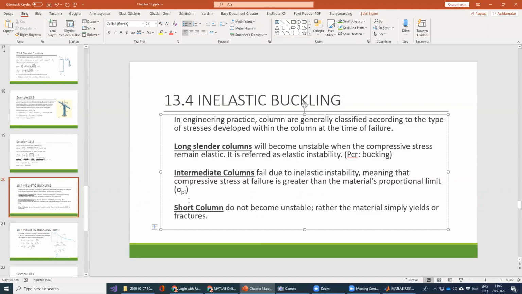But for short and intermediate columns, yield stress is much more effective than the buckling load. Therefore, we also consider the yield for intermediate and short columns. So I don't want to give you more information.